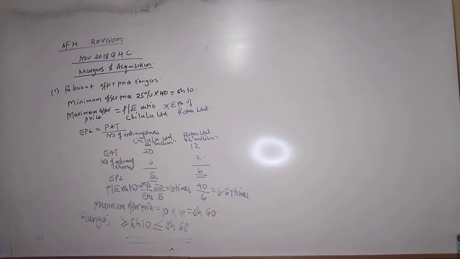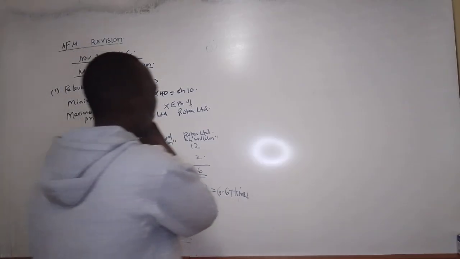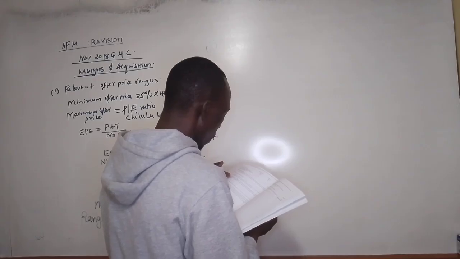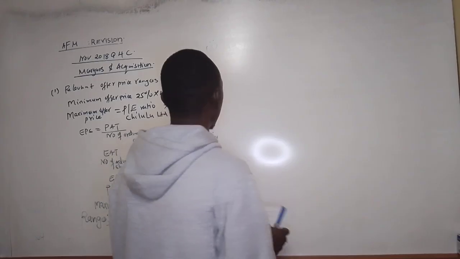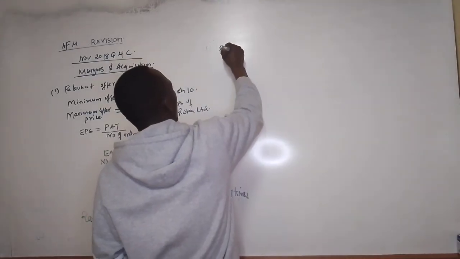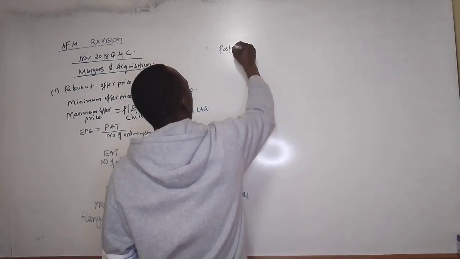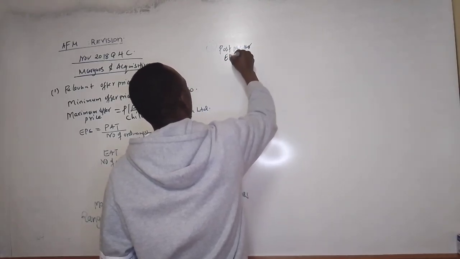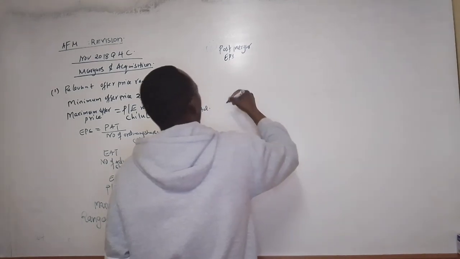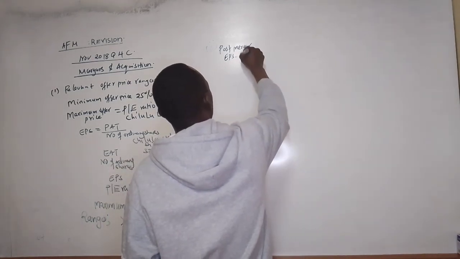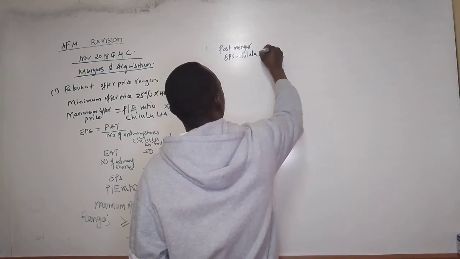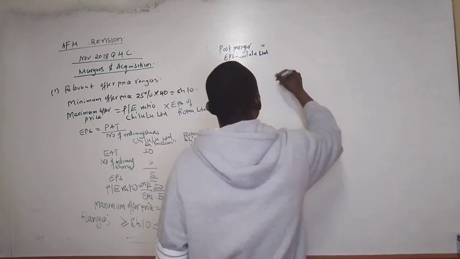For Roman 2, the examiner wants the post-merger EPS. Let us talk about the first case, Chiruru Limited. How do we get this? It's very easy.